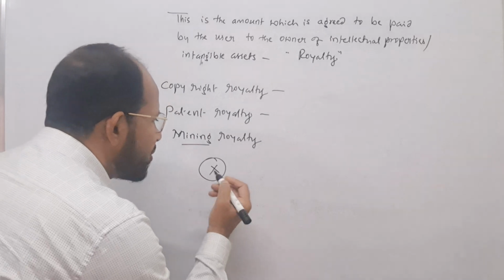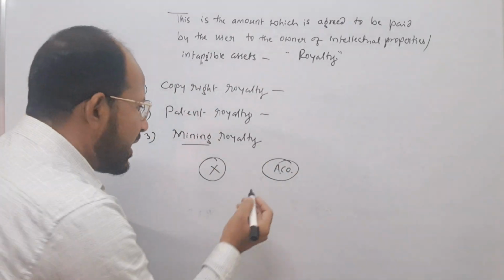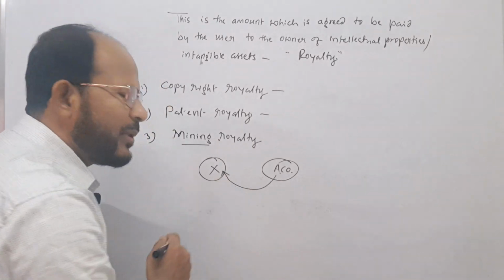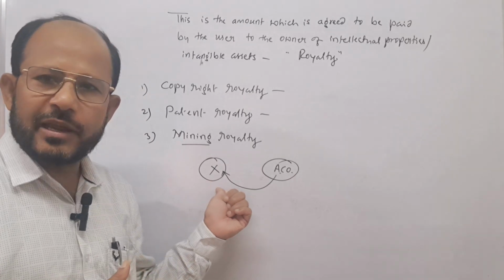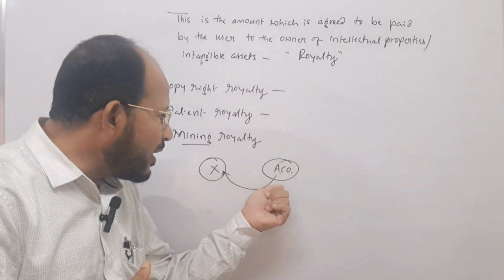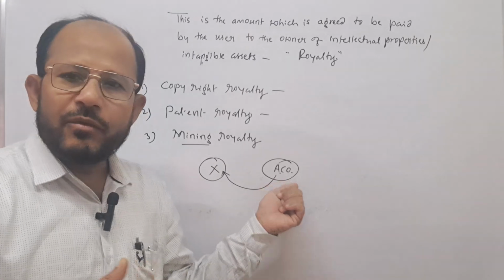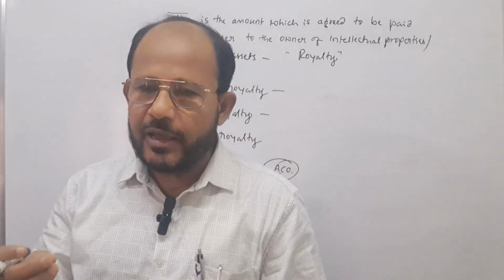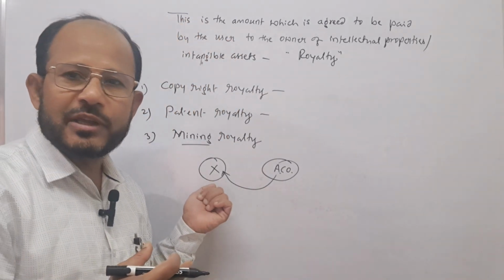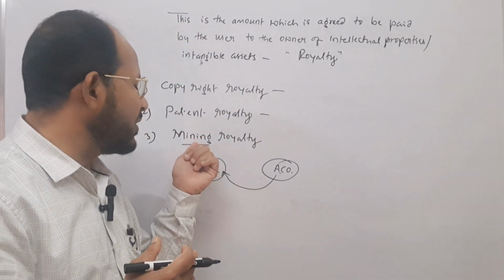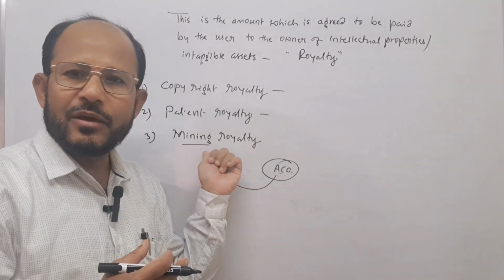Assume that here Mr. X makes the agreement with a company. Here a company agrees to extract the materials which are hidden in X's land. That is why here whenever the materials are extracted, a company will pay a certain sum of money as a royalty to whom? To Mr. X. This amount of money which is given as consideration is called as mining royalty.